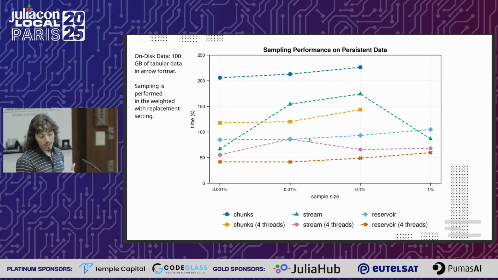Here, for example, the reservoir method is the fastest, and it actually maximizes the performance of the SSD I worked on, so it could even be better. But my SSD had a maximum read throughput of 2 point something gigabytes per second, and so that is the performance I got.